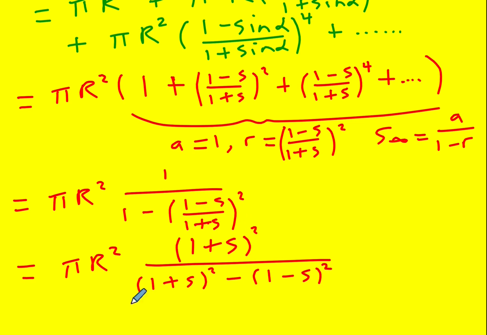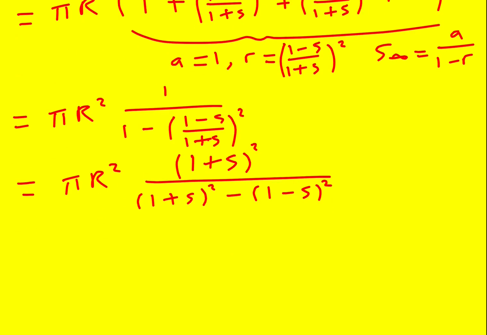Okay, I could have put it over a common denominator and flipped it around, but this will give the same answer. Now, technically, we have the difference of two squares. If you have x squared minus y squared, then that is equal to x plus y, x minus y.